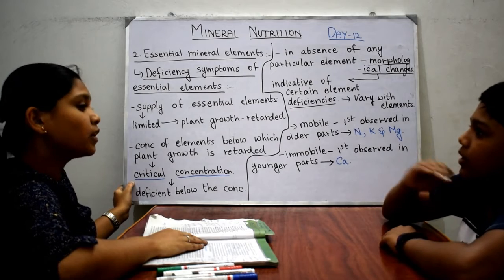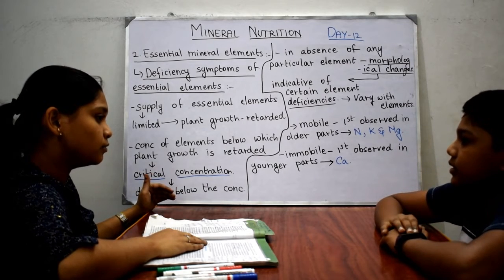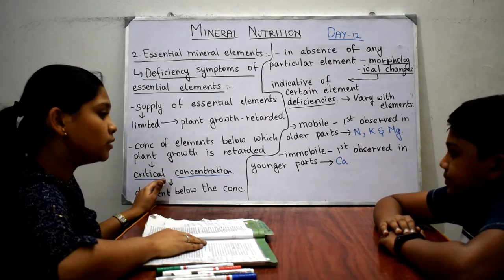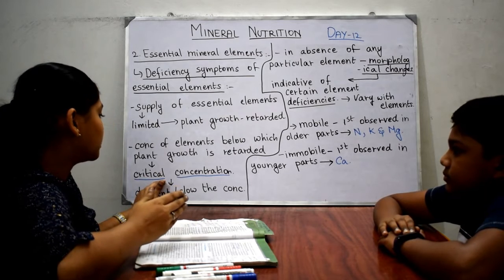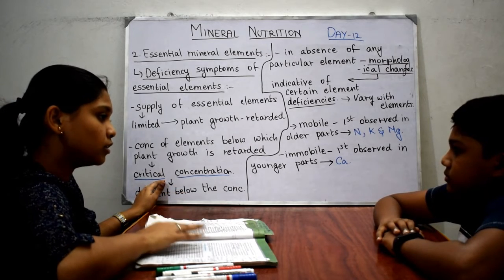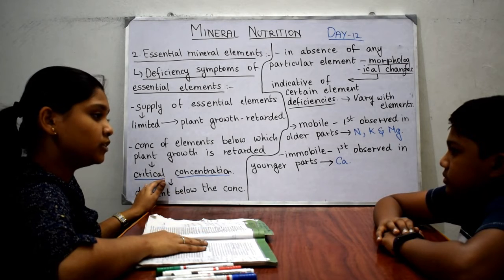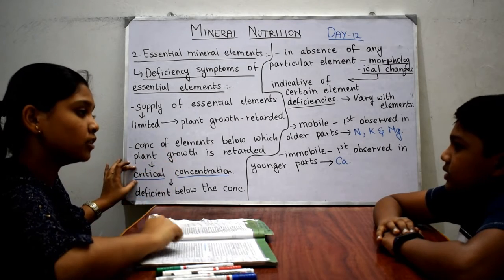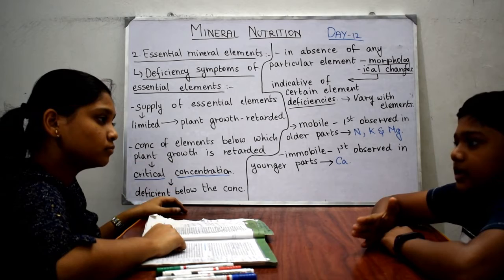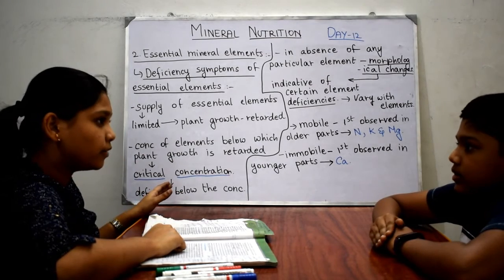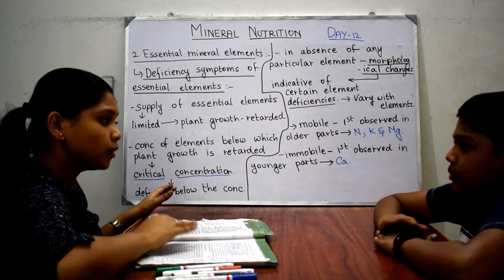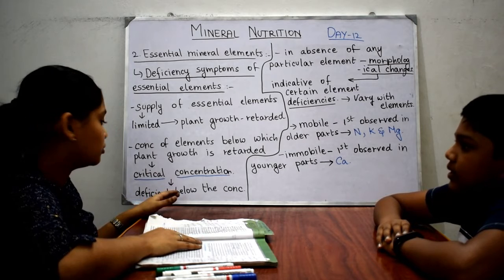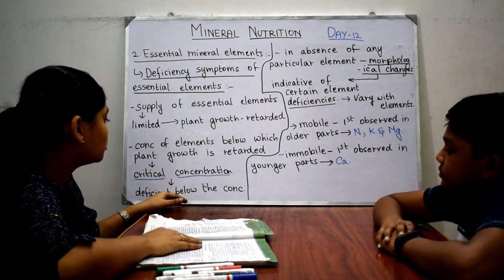So you have to supply the elements at or above the critical concentration. If the concentration of the elements is below the critical concentration, then plant growth is retarded and the plant slowly dies.